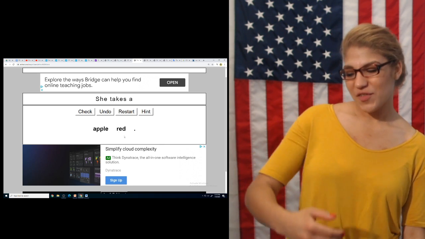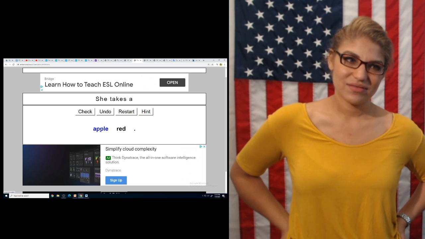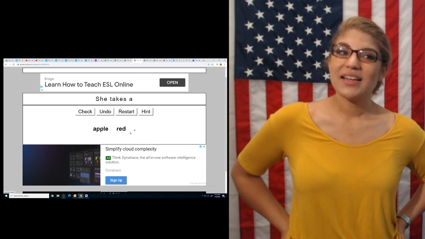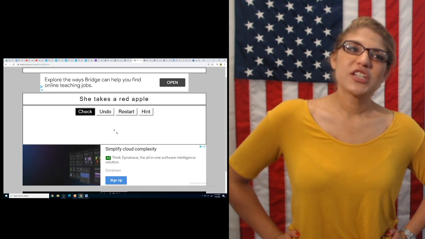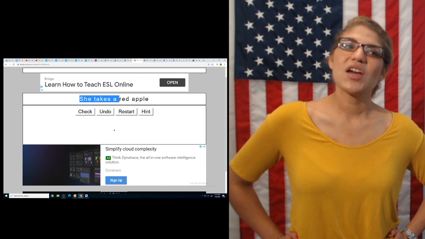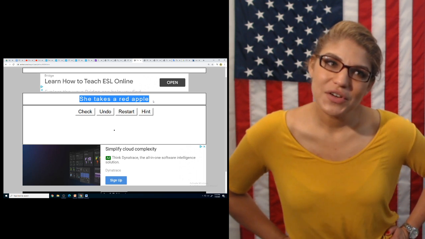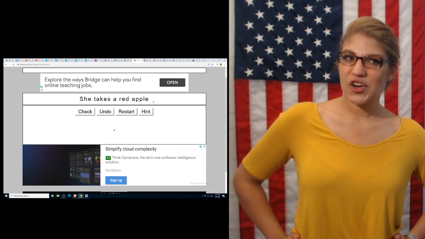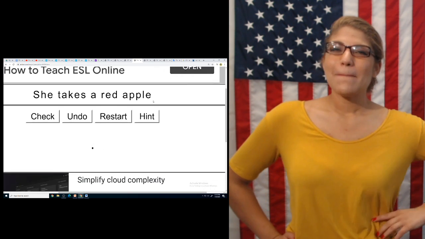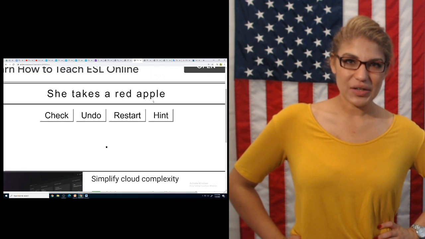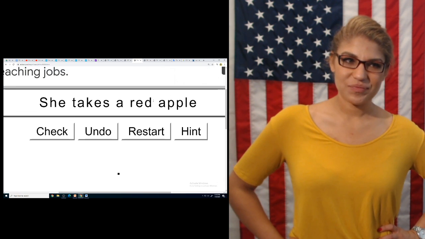In the case here for apples, what is the correct answer? Red apples. Absolutely. She takes a red apple. Do you notice you have here the word apple, a singular? Because there is only one, we will use the article a.